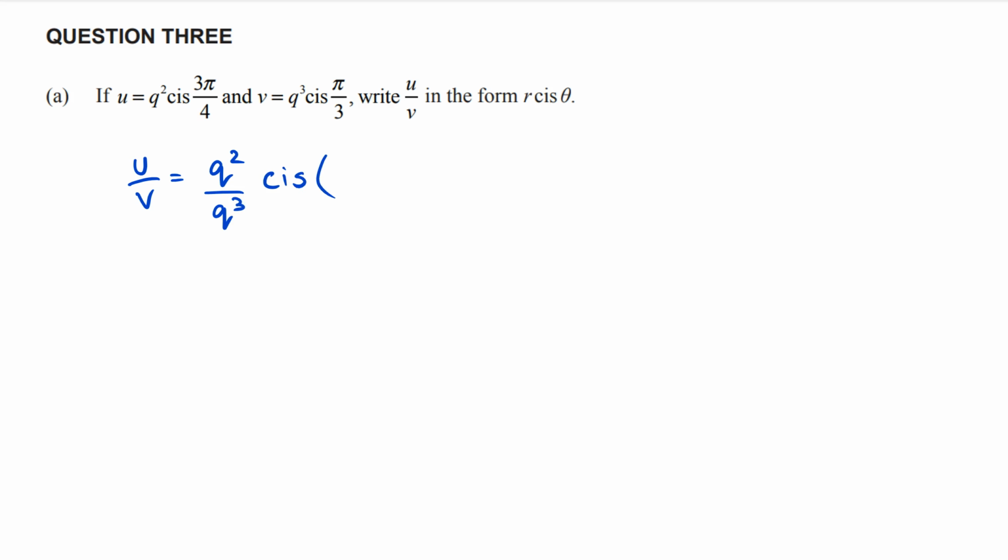And when we divide two complex numbers in polar form, we subtract the angles. So we're going to get 3 pi over 4 minus pi over 3. So u over v is equal to 1 over q cis 3 pi over 4 minus pi over 3.